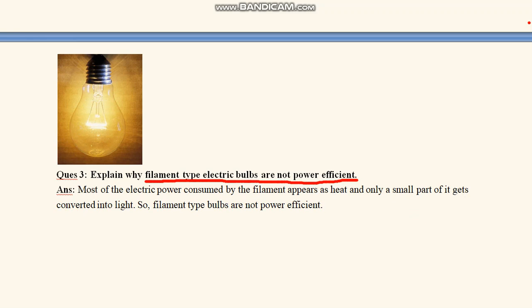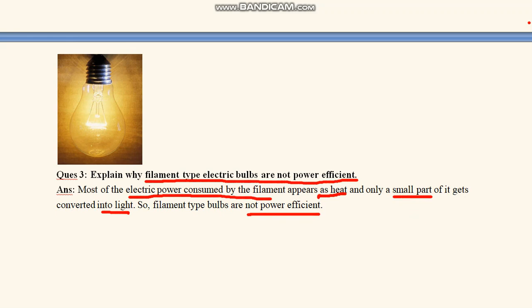The reason is that out of the electric power consumed by these filament type bulbs, most of the power appears as heat, and only a small portion of that power gets converted into light. Hence, these bulbs are not considered power efficient.